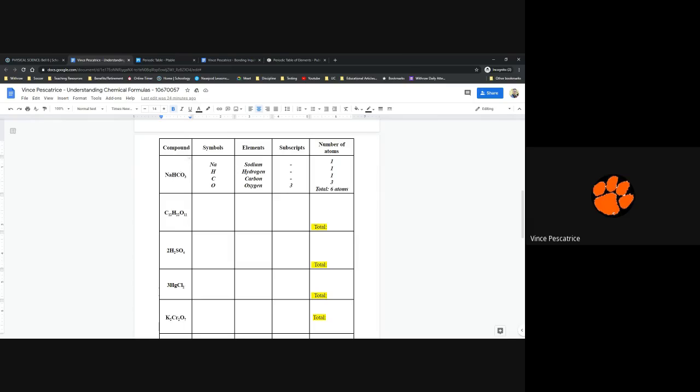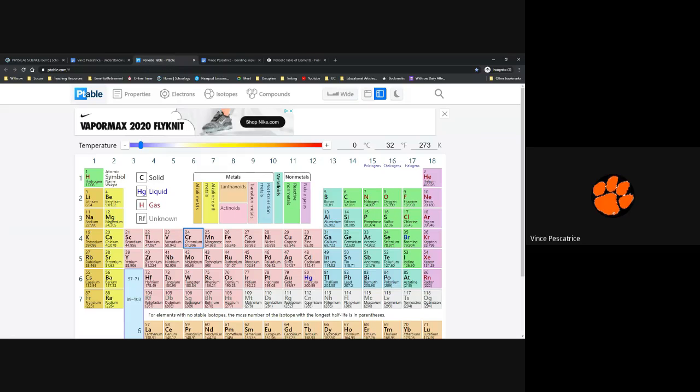CO, in this sense, is carbon and oxygen. If you look on the periodic table, Co as an element is cobalt. Those are two wildly different things. Carbon and oxygen are both non-metals. Cobalt is a metal. Very, very different things. So please be careful when you read these.